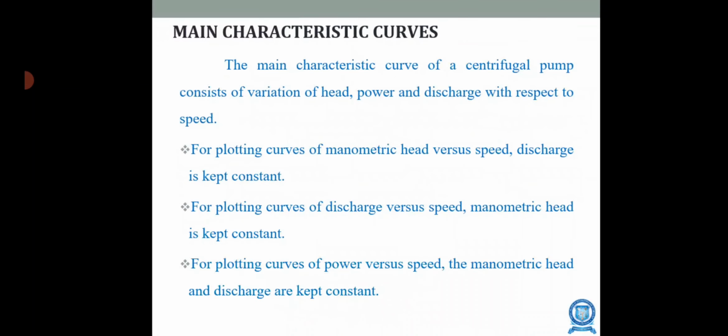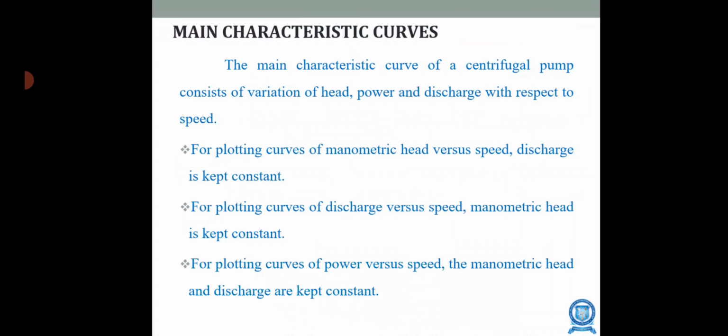First one is the main characteristic curves. The main characteristic curve of a centrifugal pump consists of the variation of head, power and discharge with respect to speed.